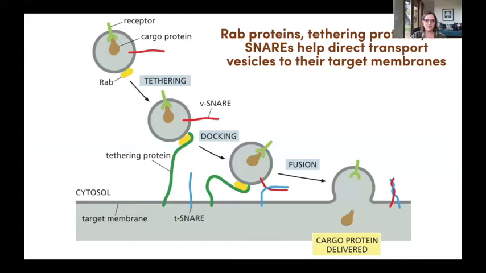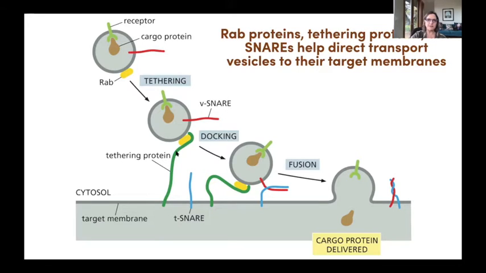All right, so we've talked about the signal sequences on proteins that target them to specific parts of the cell. But once they're incorporated into a vesicle, the vesicle also has to be targeted to the right place in the cell, and that is through an additional matchmaking system within cells formed by SNARE proteins.